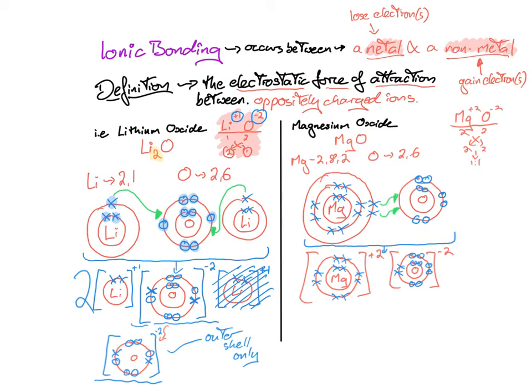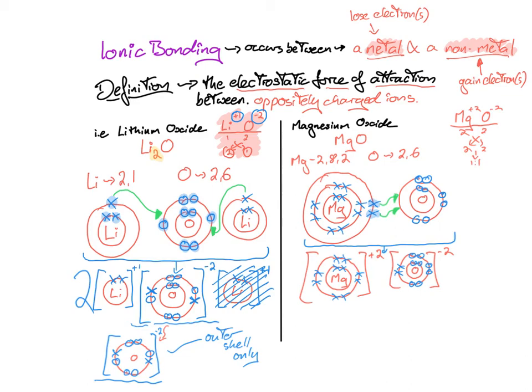The oxide, I only needed one of it because the formula was MgO. The charges, why is the magnesium +2? Well, if you look above, the magnesium has transferred 2 electrons. Lose 2 electrons, become +2. The oxide is -2. Why? Gain 2 electrons, become -2.